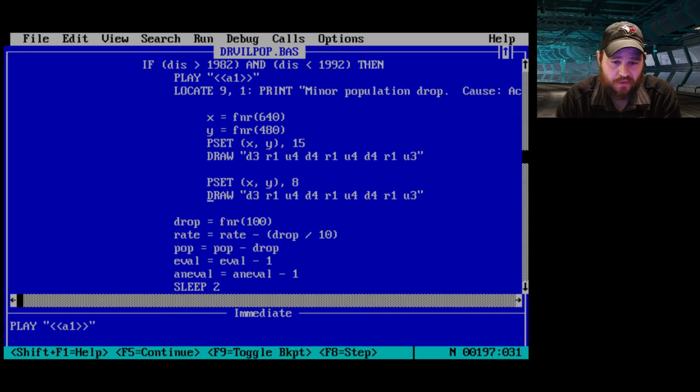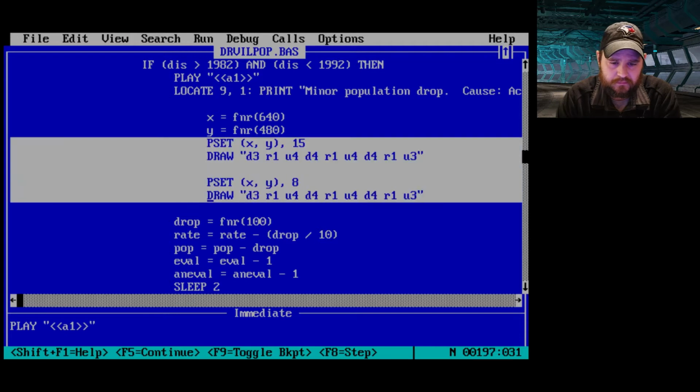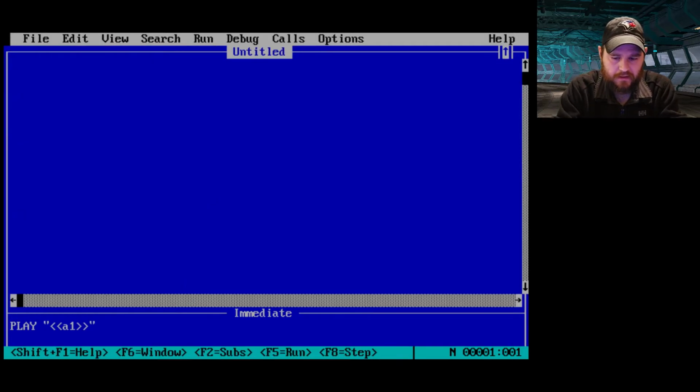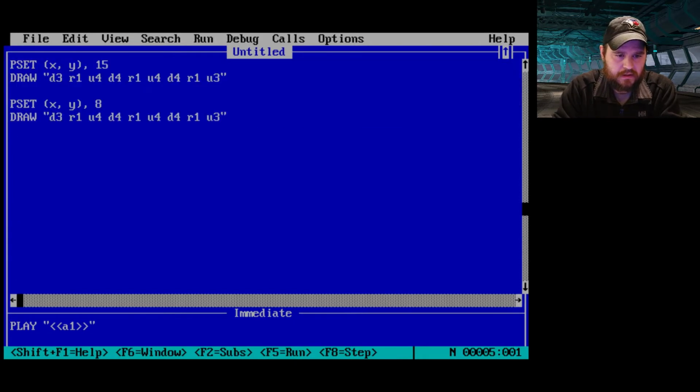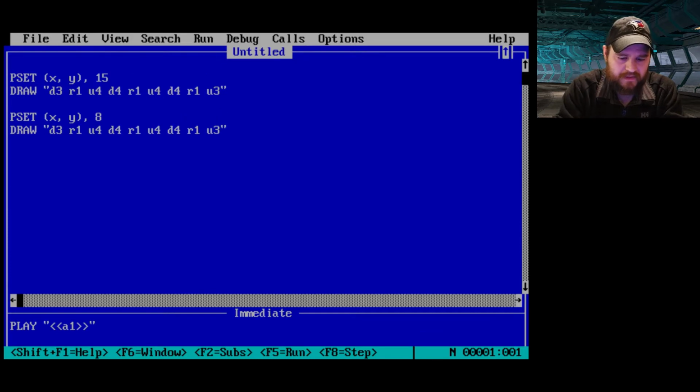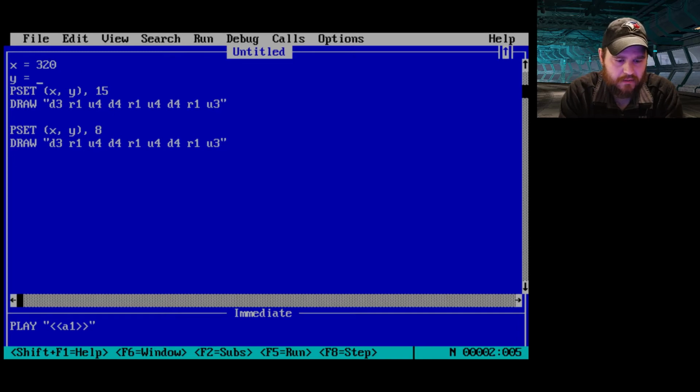So let's see what this is. Let's open up a new file here, and we'll do this. Now X and Y, we haven't set those yet, so I'll say X equals 320, Y equals 240, right in the middle of the screen.